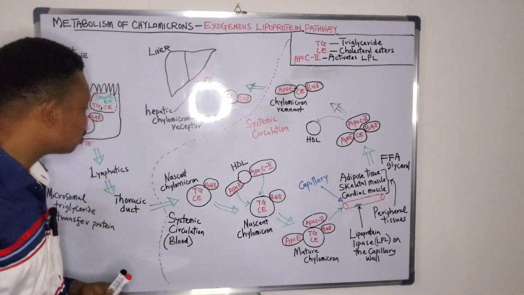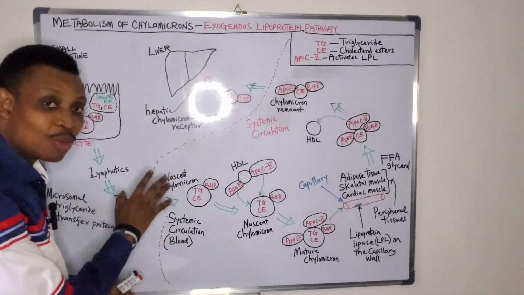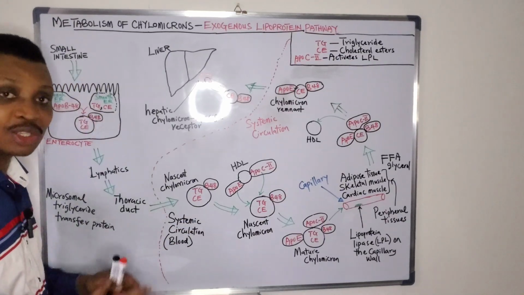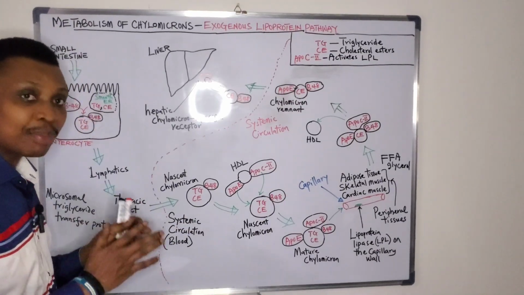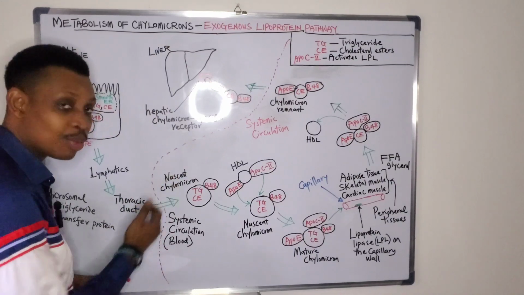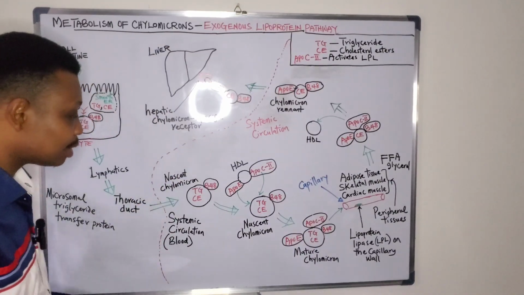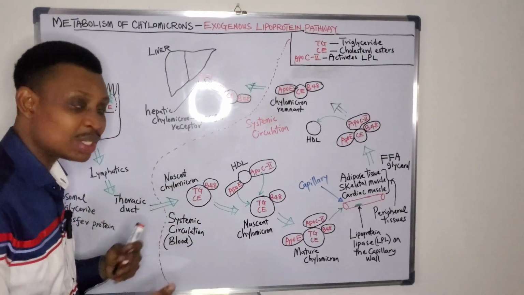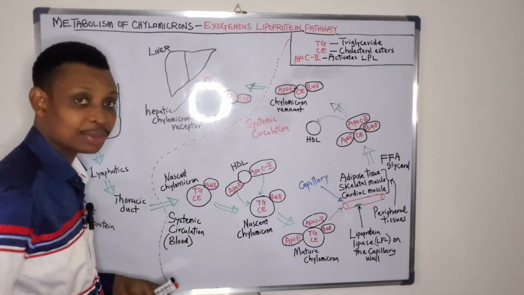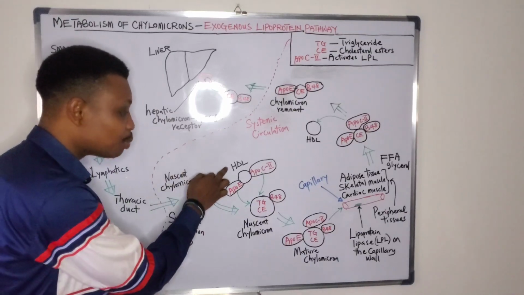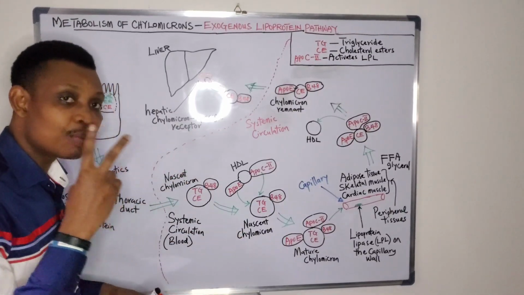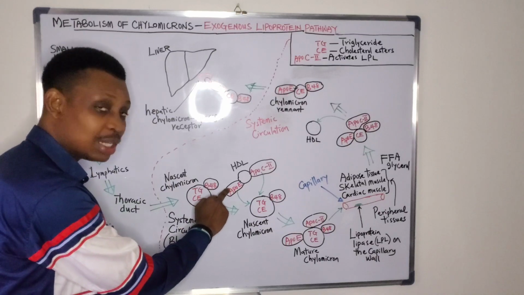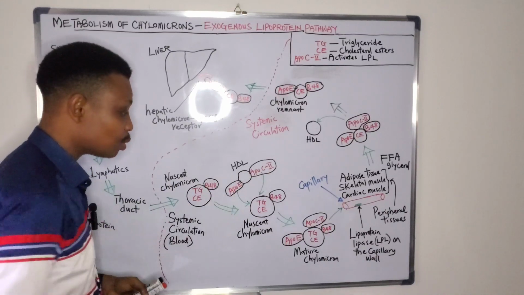In the systemic circulation, this chylomicron particle is not mature. At that point, it is called the nascent chylomicron. But then this nascent chylomicron associates with high-density lipoprotein, and high-density lipoprotein contains two apoproteins, apoprotein E or ApoE and ApoC2.